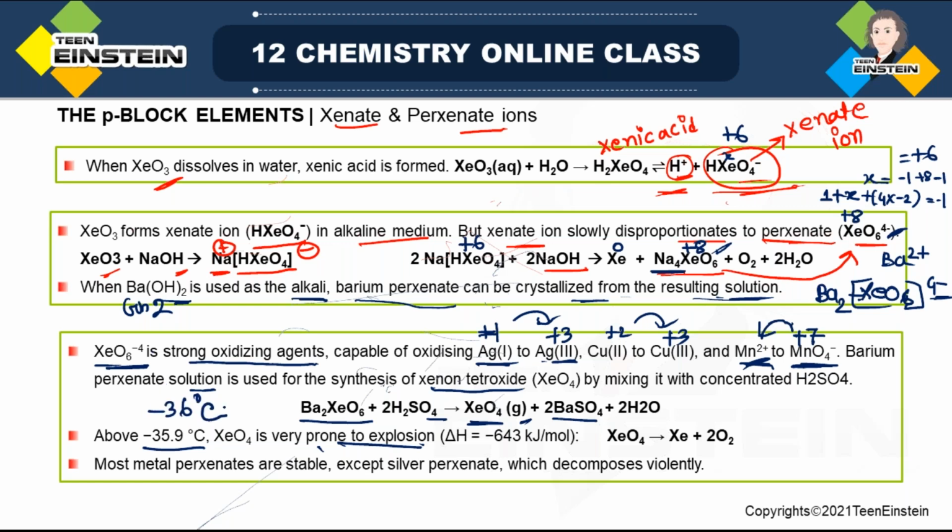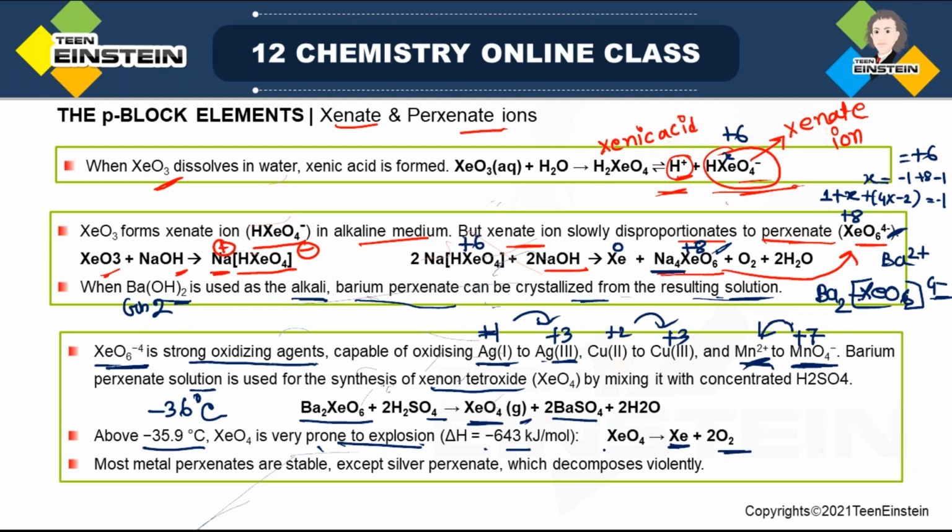See how low a temperature it needs; only then can you keep it stable. But if the temperature is greater than this, suppose -34 or -30, then there will be an explosion because it will decompose. And look at the delta H value. It is a highly exothermic reaction, -643 kilojoule per mole. This is a very high value. That is why there will be an explosion and it will ultimately form xenon and O2.